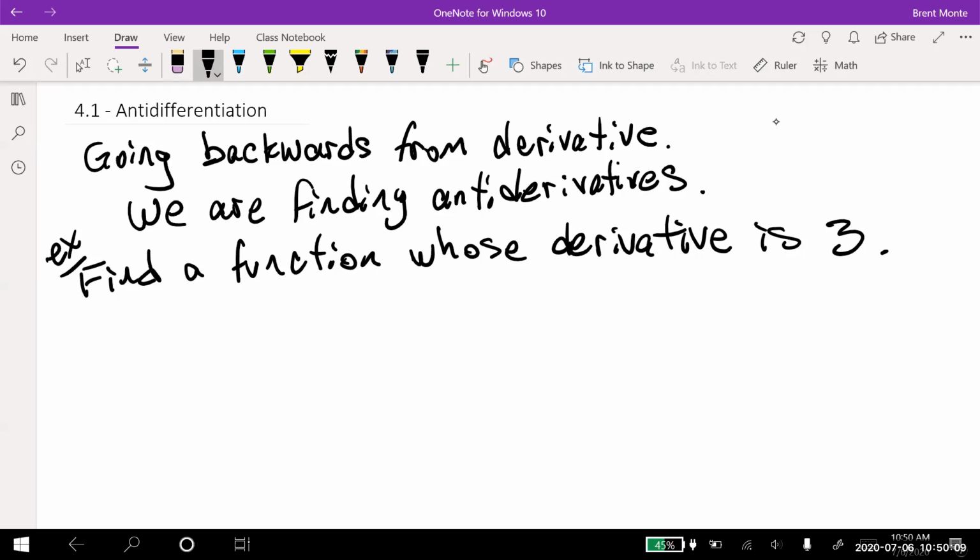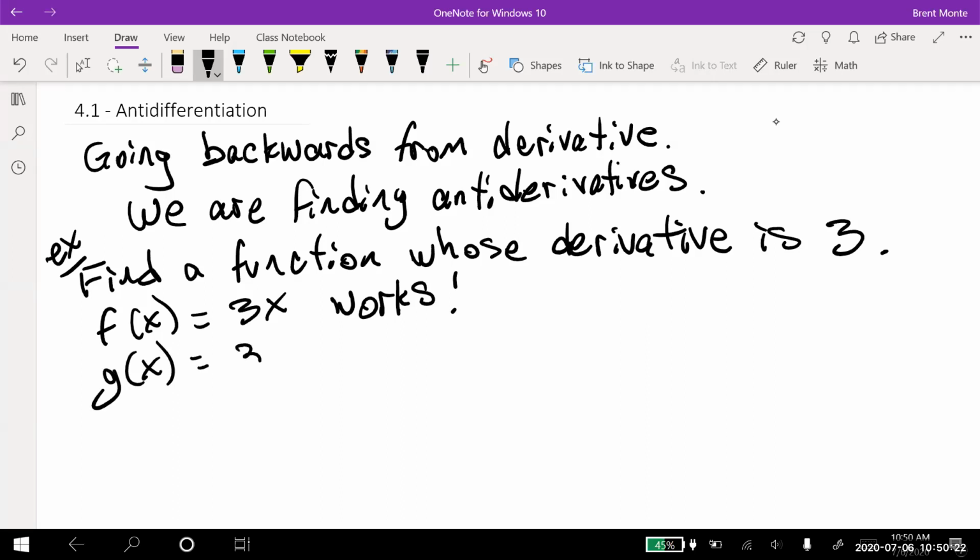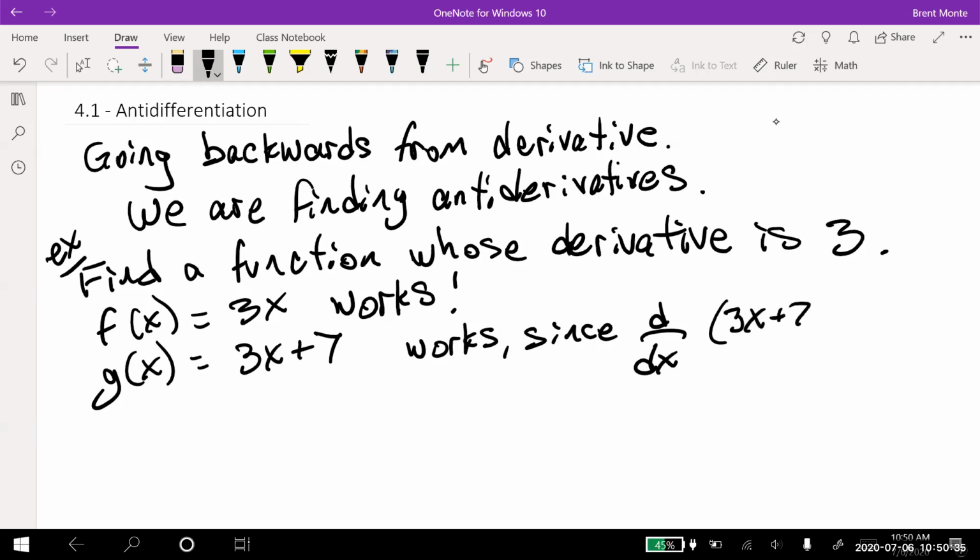If we do f of x equals 3x, that works. But if we do, say, g of x is 3x plus 7, well, that also works, right? Since the derivative with respect to x of 3x plus 7 is just 3. Check. So we know that also works.